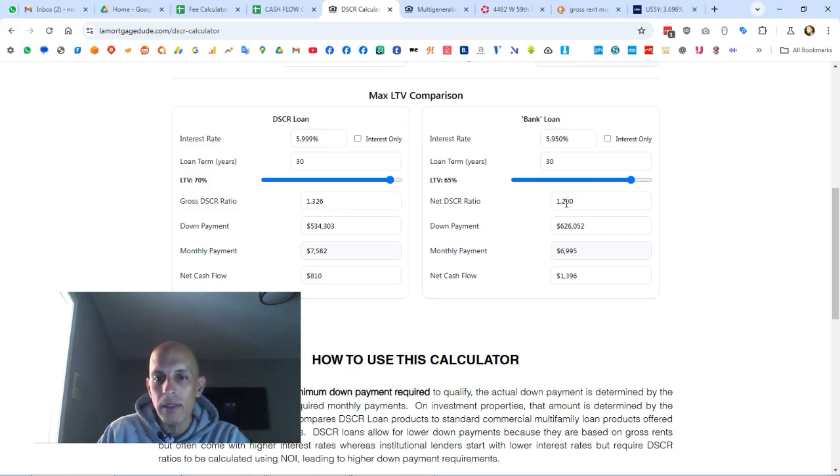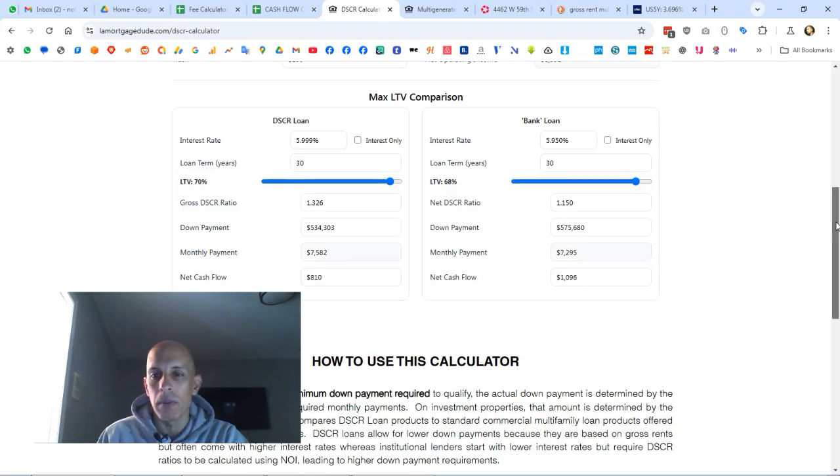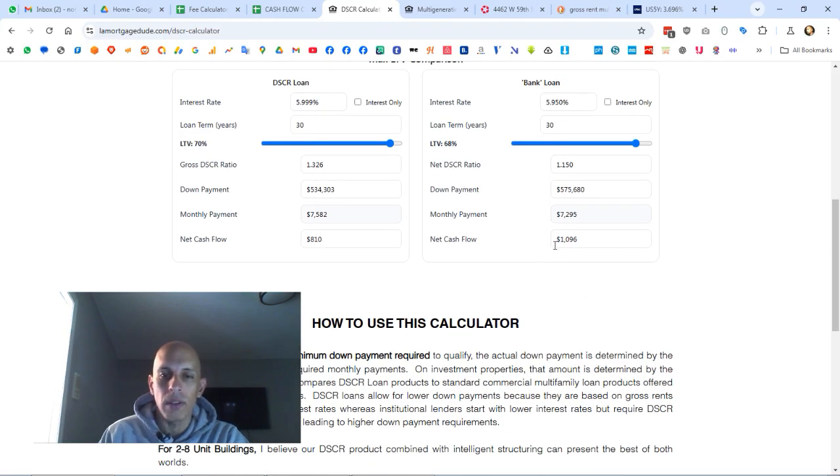So in this case, with the agency loan, we're looking at a 1.15 ratio. So your difference in down payment is roughly $40,000. In terms of cash flow, what that amounts to is almost $300 a month, because your cash flow here is $1,100 a month. Your cash flow here is $800 a month.